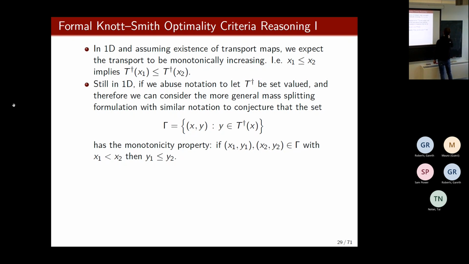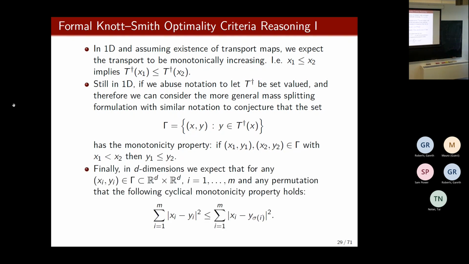So if I put a y1 here and y2 here, and I move my mass from x1 up to y1 and from x2 to y2, essentially this is not going to be optimal. It would be better to do it this way around. This is all I'm trying to say, but I write this down in this way to make it look like the cyclical monotonicity property.